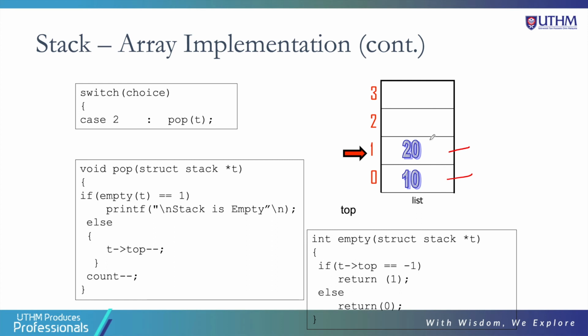Whenever the user wants to remove some elements, the first element that will be removed must be the element on top, or the last element that has been inserted. So in this case, the recent element that has been inserted is 20.